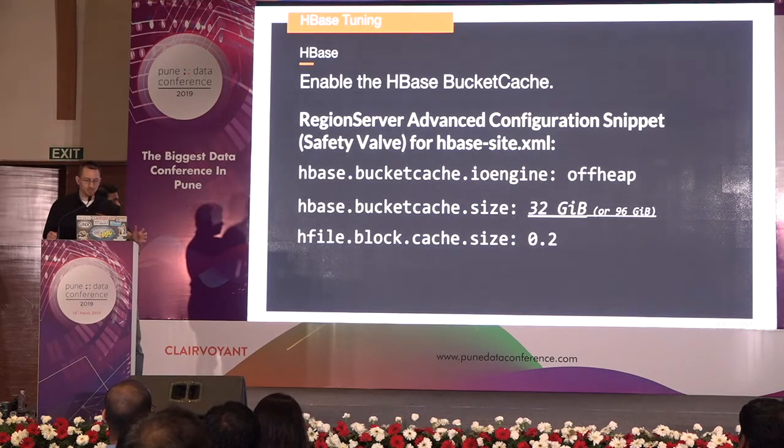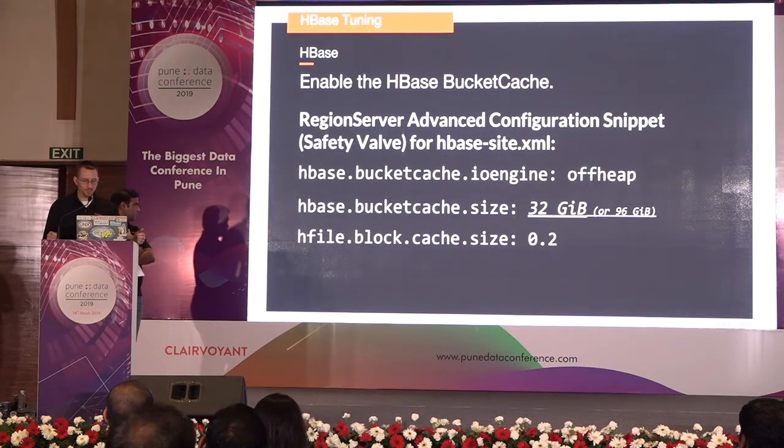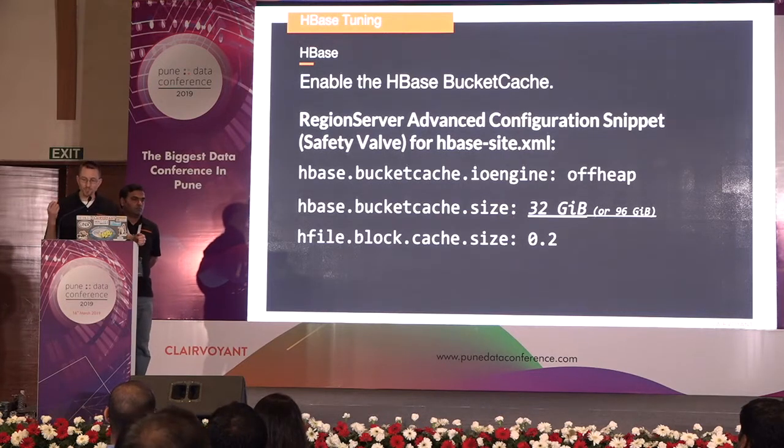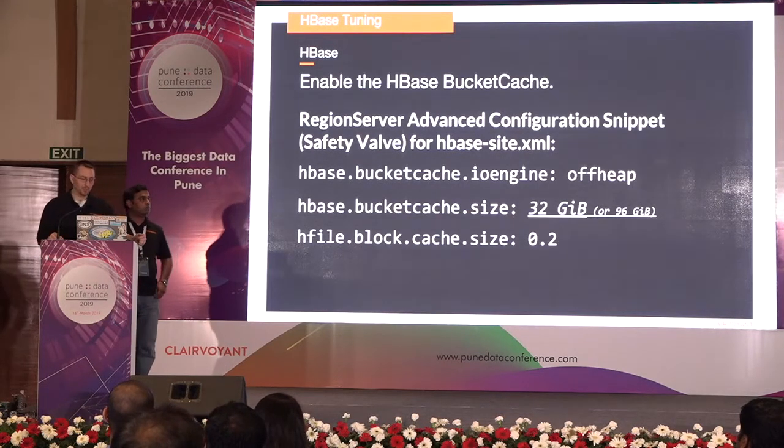Now this is what's referred to as the combined bucket block cache configuration. And it allows you to use, as I said, both the garbage collection in your main heap as well as allowing HBase to manage the bucket cache memory allocations and garbage collection there.